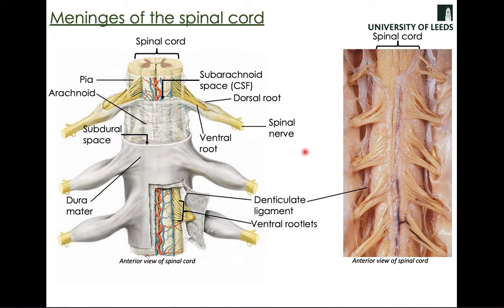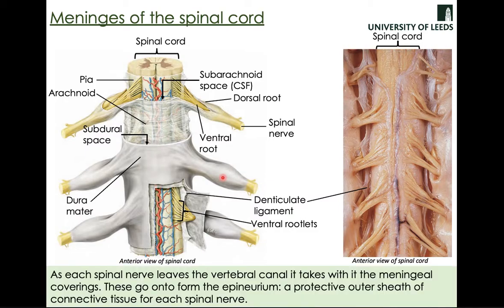So if we look at the anatomy of a spinal nerve, and we're going to talk about it in detail in a few slides, we can see how as the spinal nerve roots leave the cord, they take with them a layer of meninges. So here the spinal nerve is taking with it a layer of arachnoid as well as a layer of dura.